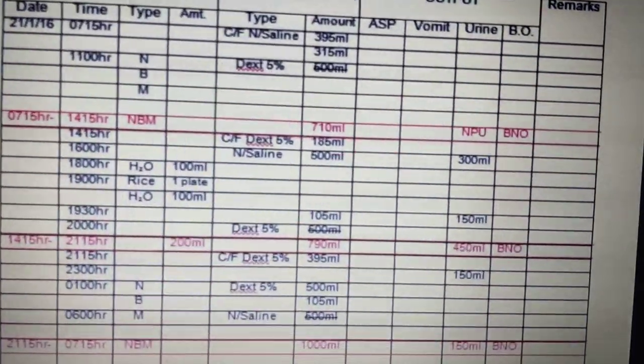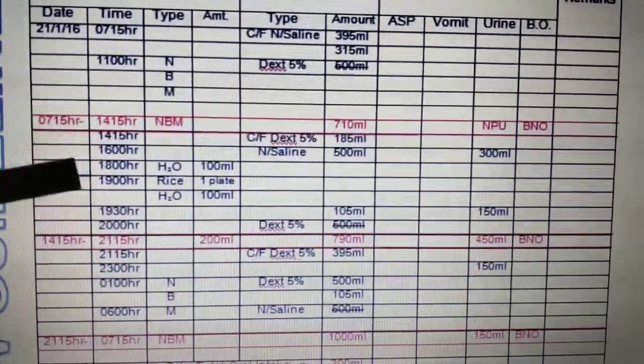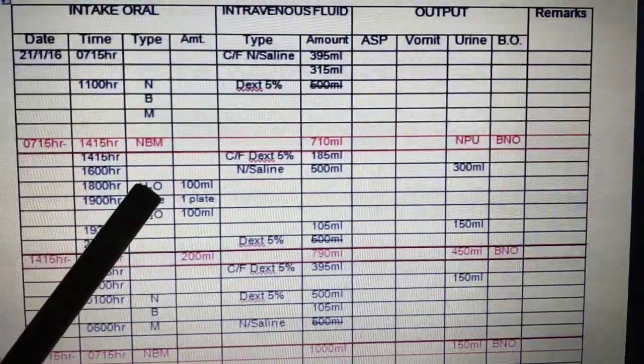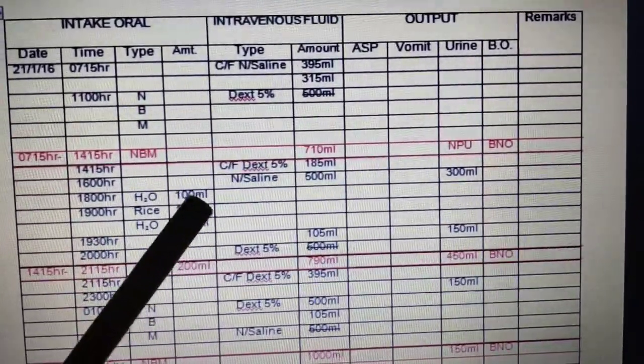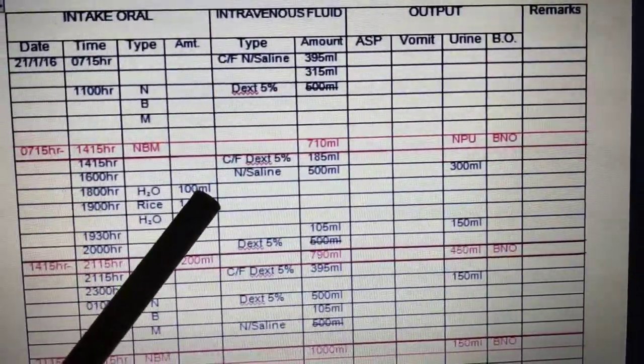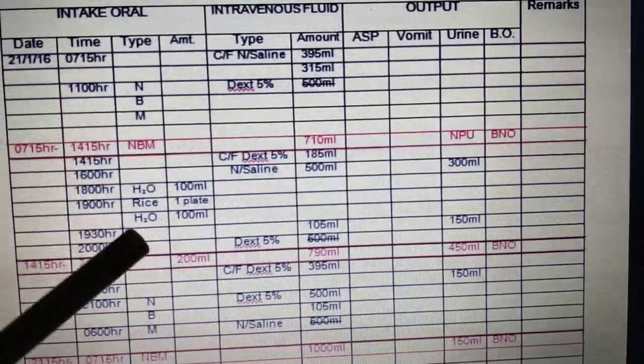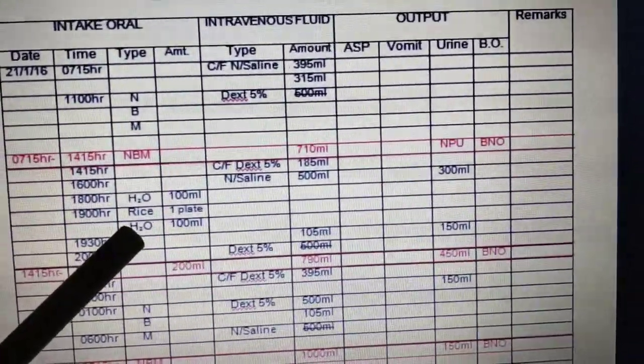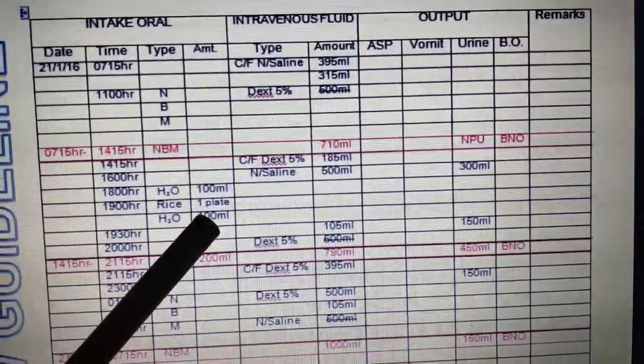Clear? After that, 6 o'clock means 18 hours. At 6 o'clock the patient drinks water. How much? 100 ml. Clear? After that, at 7 o'clock the patient eats rice, one plate of rice, and along with that drinks water, 100 ml.